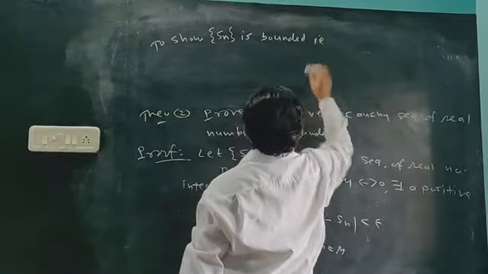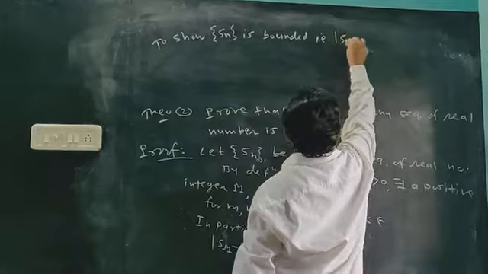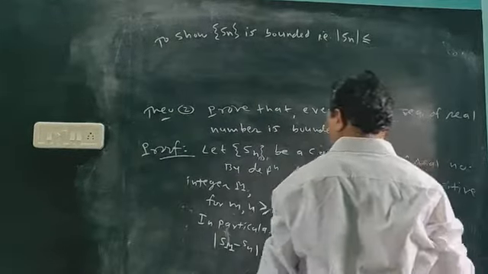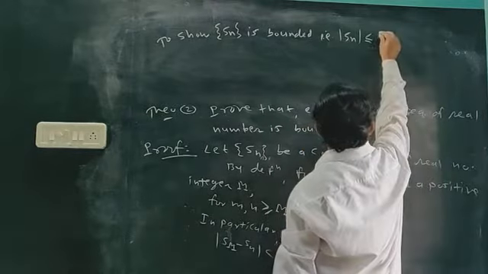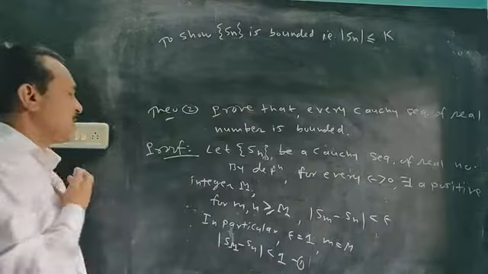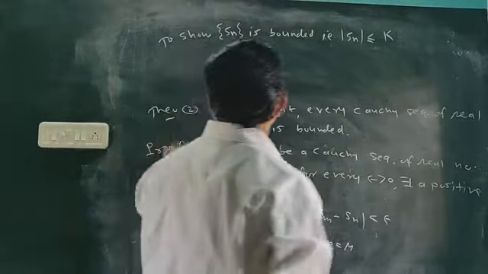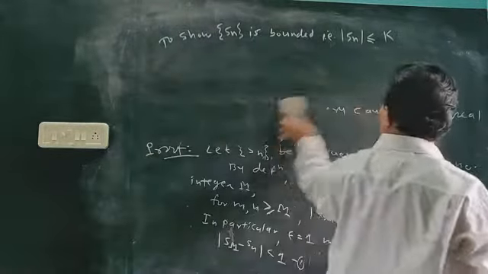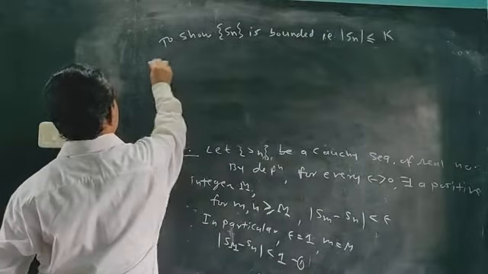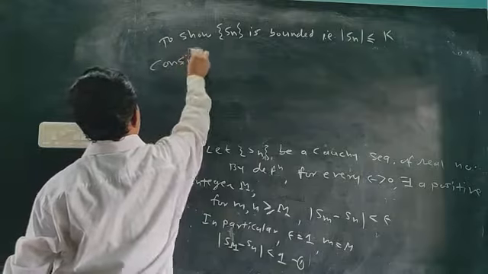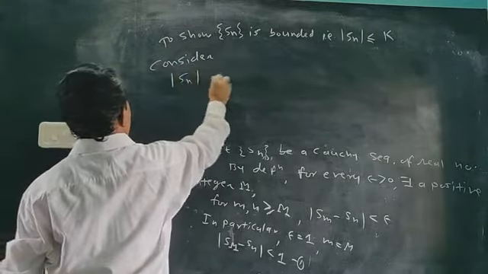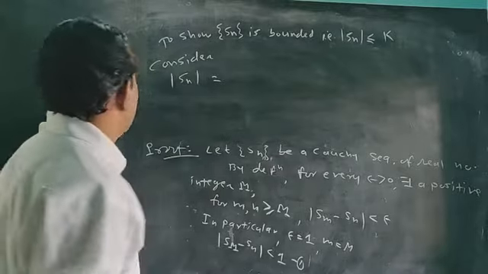Bounded means you show mod of Sn is less than some number K. So consider mod of Sn.